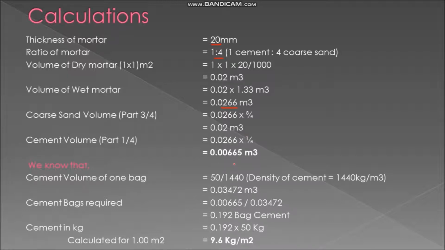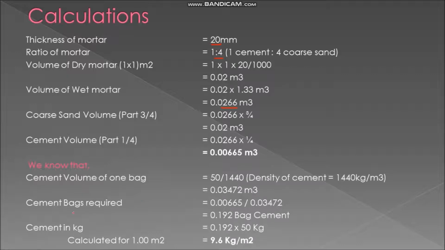Now we will convert this volume to kg, the mass. We know that the volume of one bag of cement is 50 divided by 1440. What is 1440? That is the density of cement, 1440 kg per cubic meter. That will give us the volume of one bag, that is 0.03472 cubic meter.